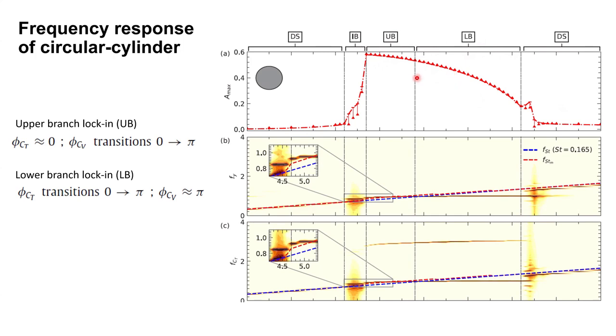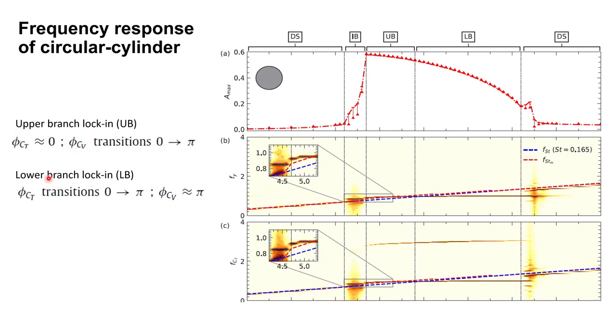So here in this nonlinear dynamics problem, we also have a phase between the displacement and the forcing. And that phase could be of two types. One is the total force, which I have on the cylinder, and then I could also have just the vortex force, and that could have a different phase. So the characterization here is if the total phase is 0, and the phase of the vortex force transitions from 0 to pi, it's an upper branch.